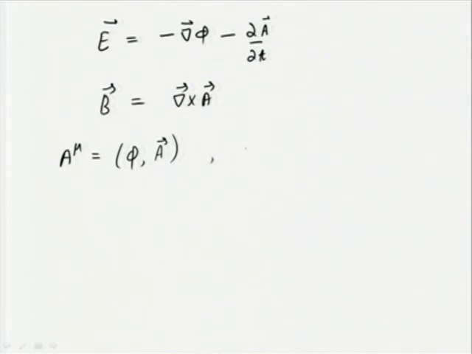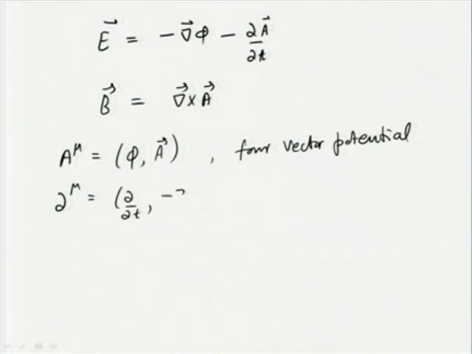We can call it the 4 vector potential. And we already know dou mu is equal to dou by dou t, minus gradient; dou covariant is dou by dou t plus gradient.